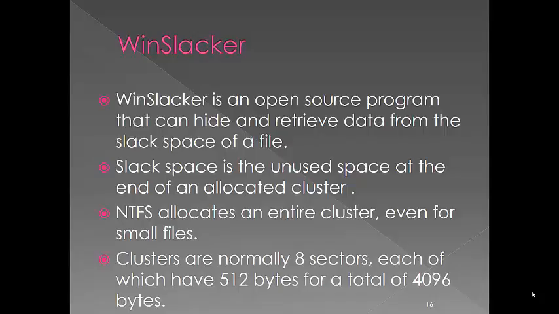With file slack space, let's say you optimize or defrag the disk or move a file around, it's actually normally pretty safe. And it's very difficult to detect, although there are lots of programs that do it. FTK, Autopsy, WinHex can help you, but under normal circumstances it's going to go undetected.